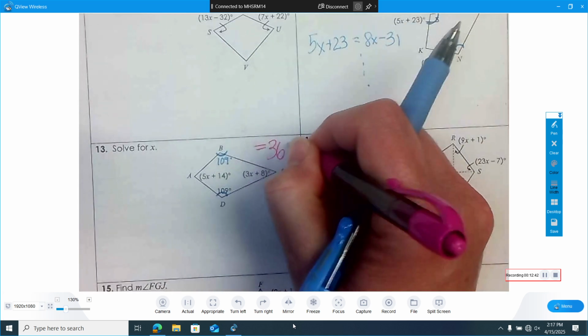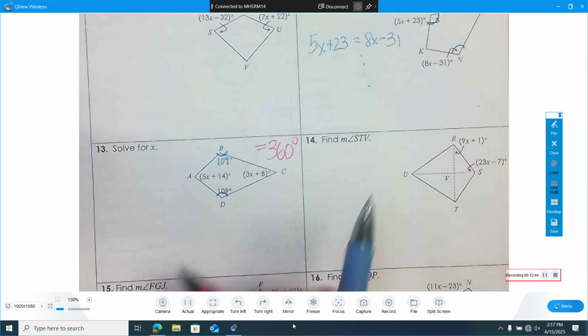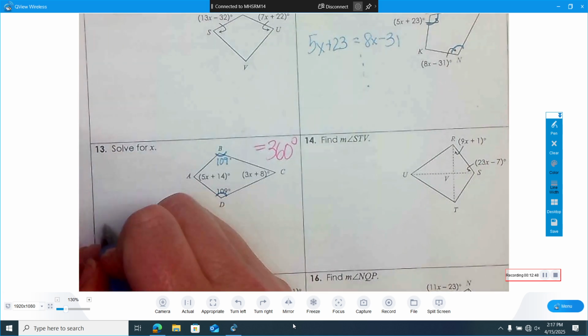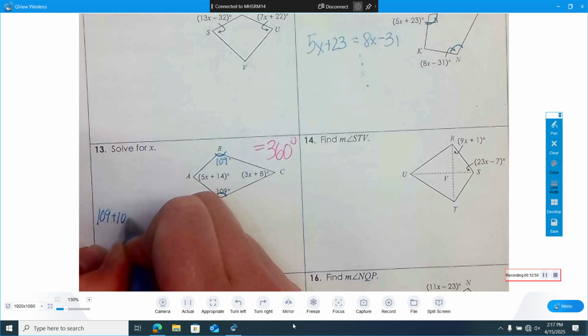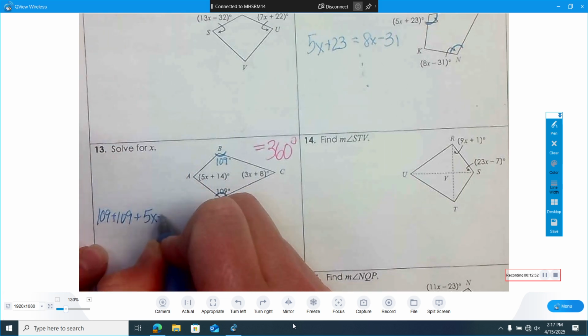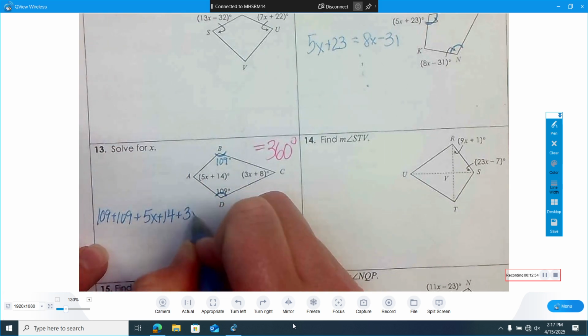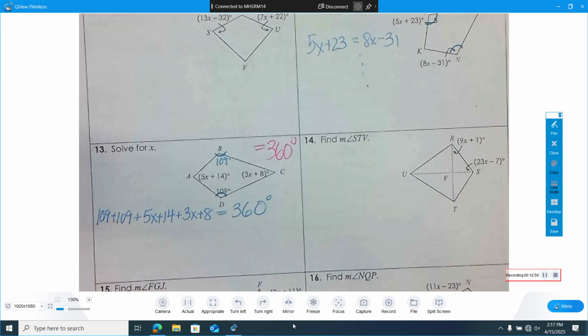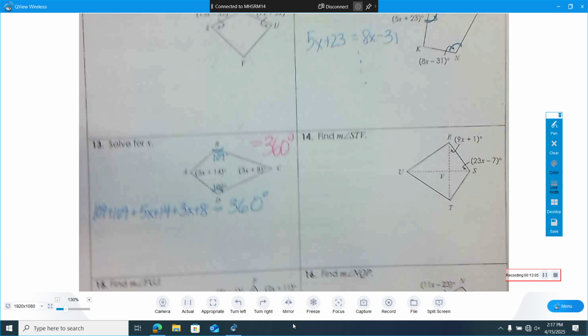Very good. This is a quadrilateral, so we know all four angles add up to be 360 degrees. Good. And you can go from there.